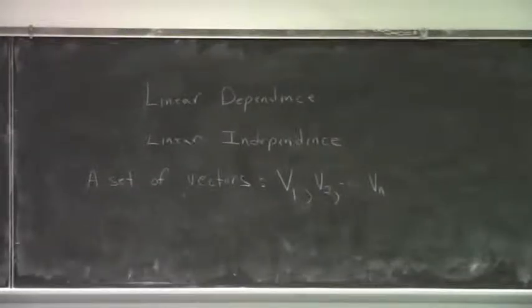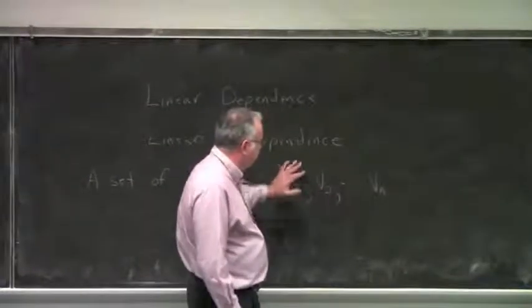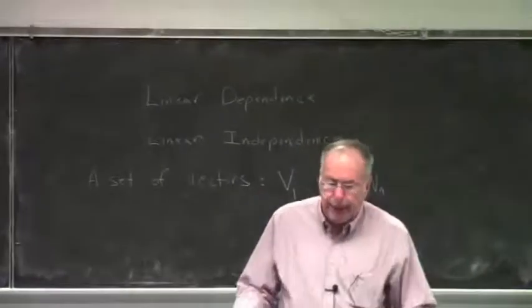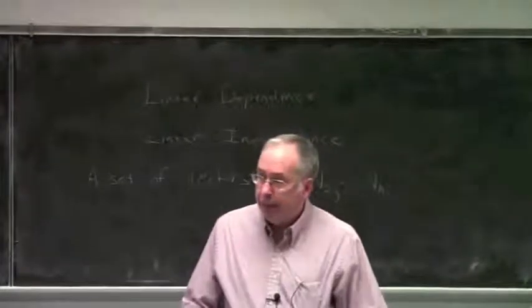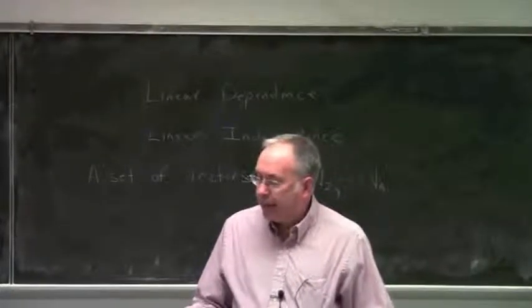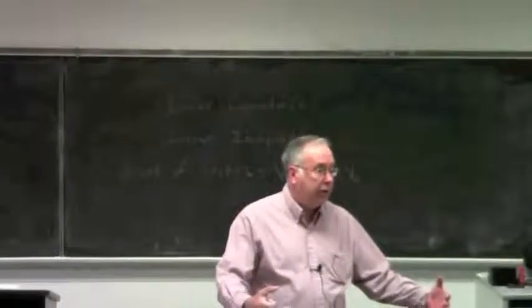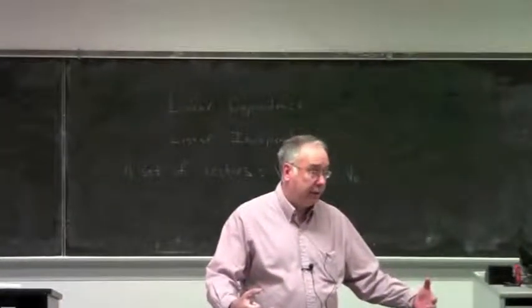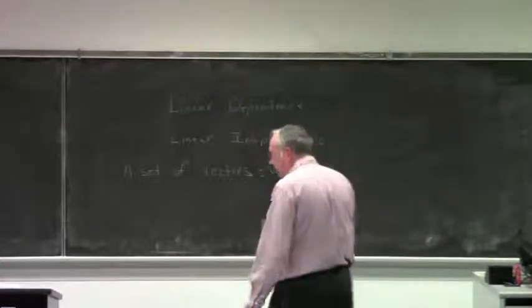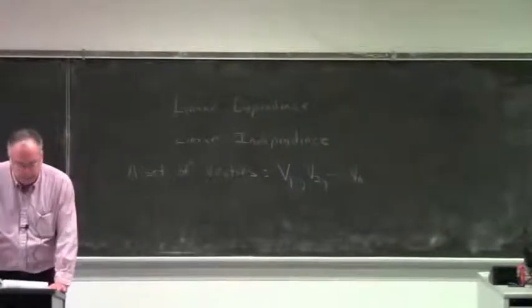Now, this set of vectors is said to be linearly dependent if any one of the vectors can be expressed as a linear combination of the remaining vectors. That definition is taken right out of the book on page 62.